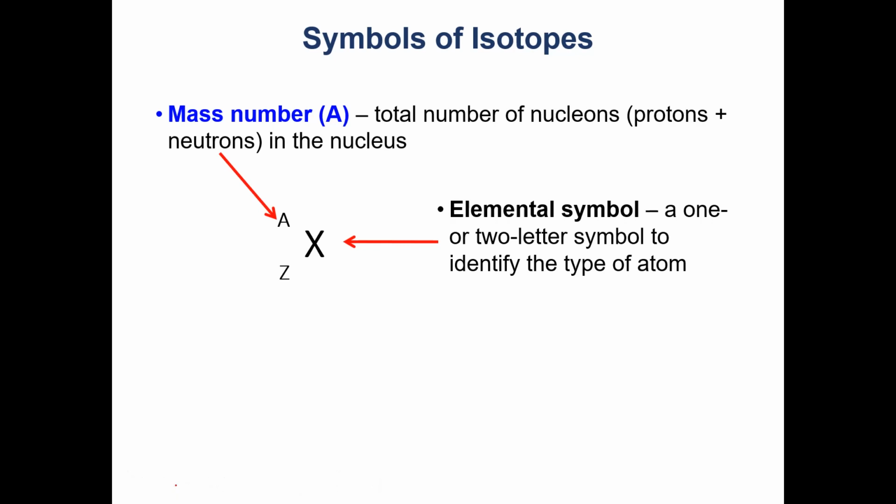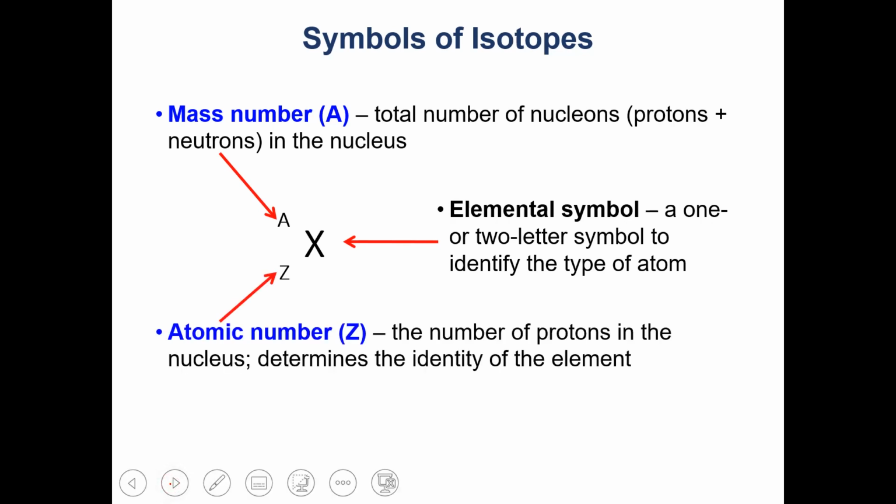The mass number is the total number of protons and neutrons in the nucleus. On the bottom left, we write the atomic number, which is the number of protons. The atomic number we can get directly from the periodic table if we're not given that. The mass number, we would need to know how many neutrons are in that particular isotope.